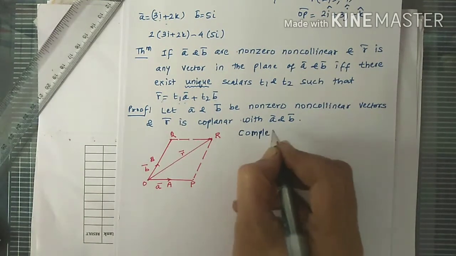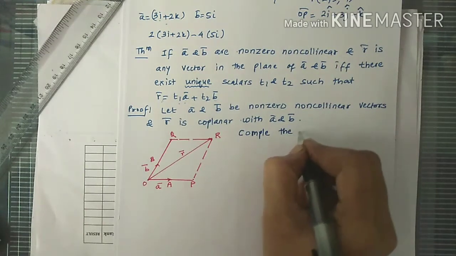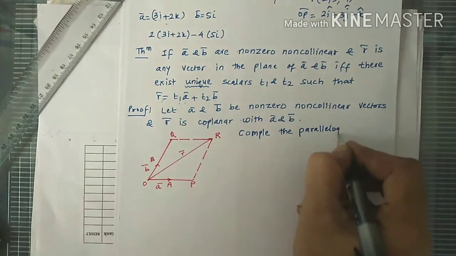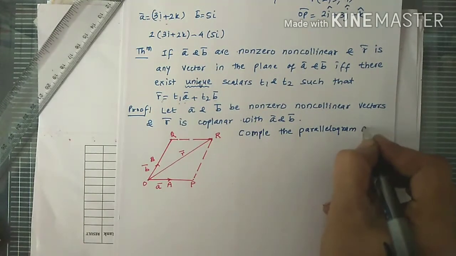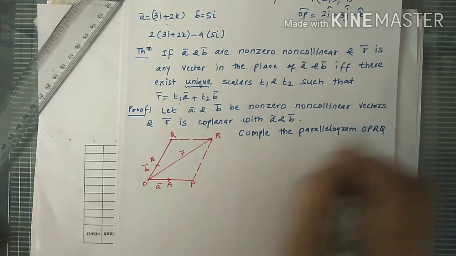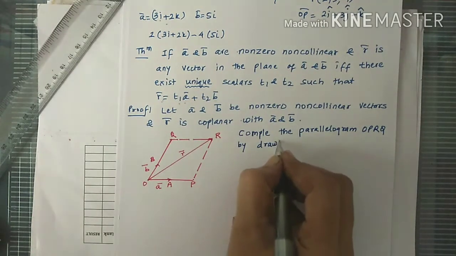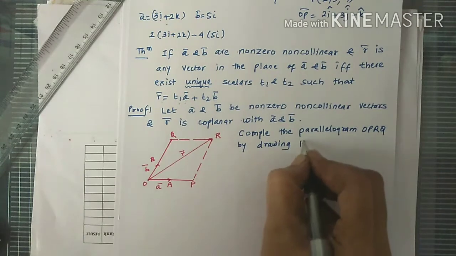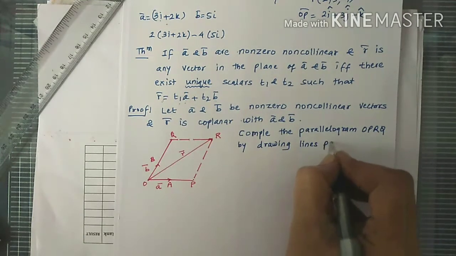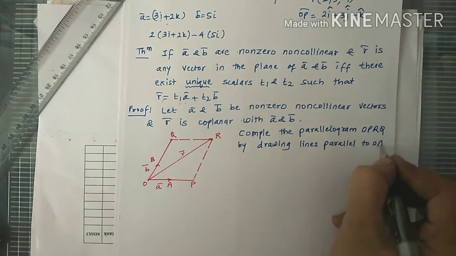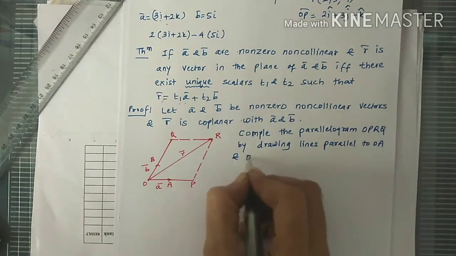Complete the parallelogram OPRQ by drawing lines parallel to OA and OB through point R.